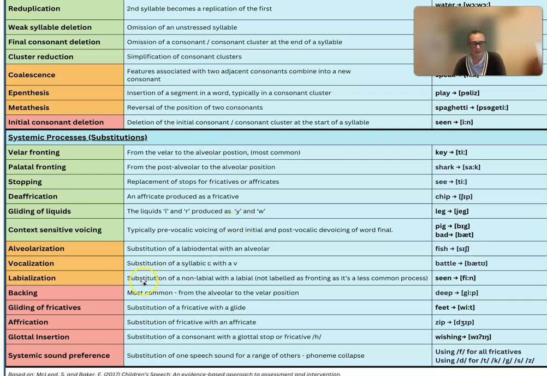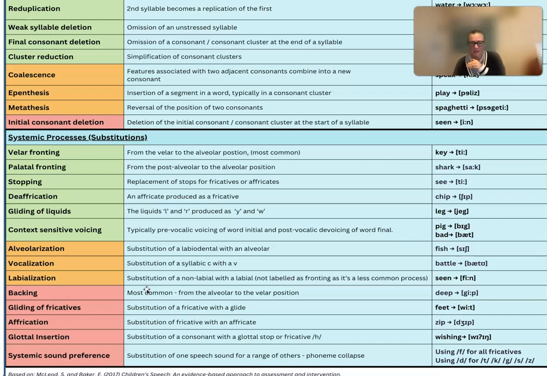And then labialization, so substitution of a non-labial with a labial. So I don't label this as fronting. It's a less common process. You want to kind of pick out those slightly more unusual ones, not the common ones. So I don't tend to classify labialization as fronting. I usually only save the word fronting for those velar fronting, palatal fronting ones.